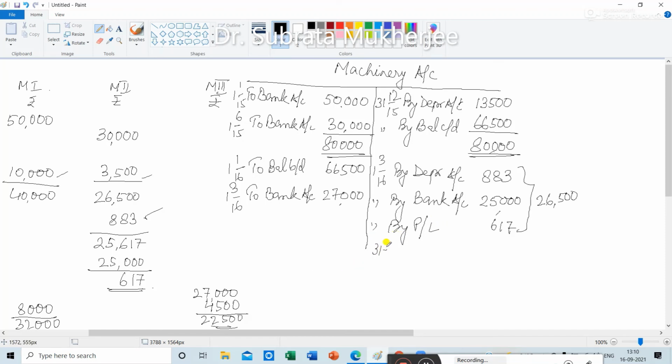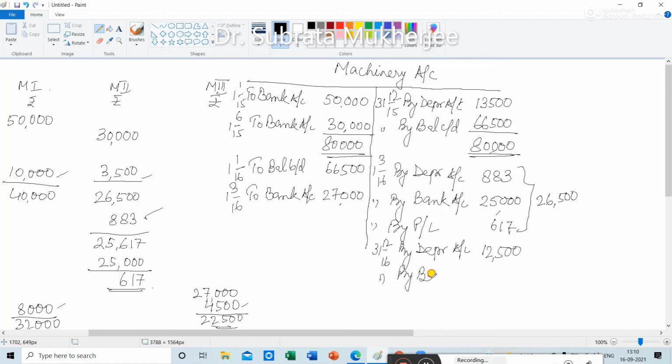Now on 31st December 2016, depreciation was charged on M1 and M3. What is the amount of depreciation on M1? This is 8,000, and on M3 it is 4,500. So 12,500 is the amount of depreciation on M1 and M3.